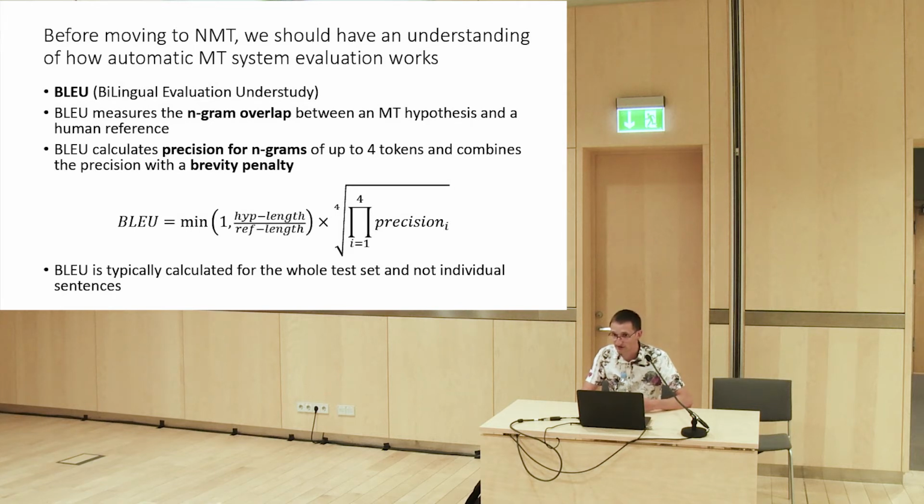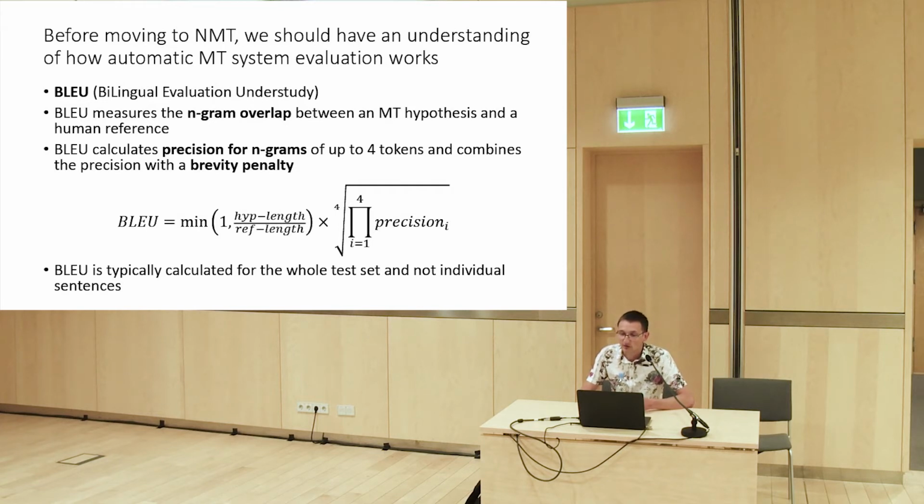A test set is a data set that has sentences and their human translations available. There are usually 1,000 to 2,000 sentences in a test set. And if the test set is good, it will represent the domain that needs to be evaluated and various types of text that need to be evaluated.